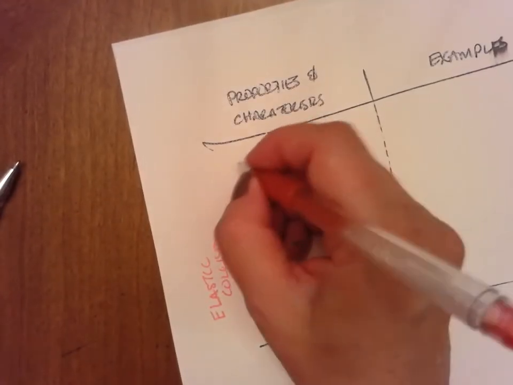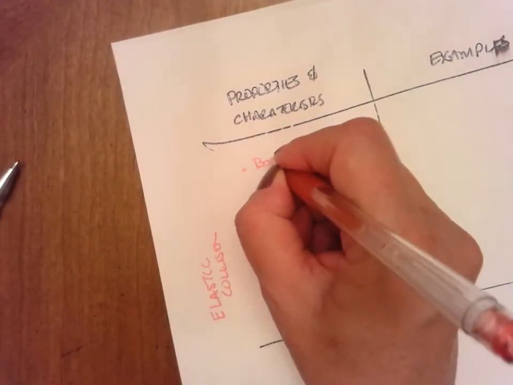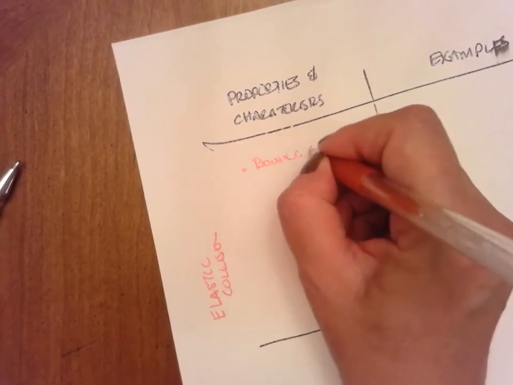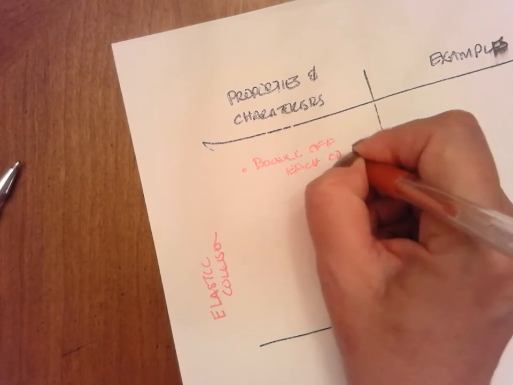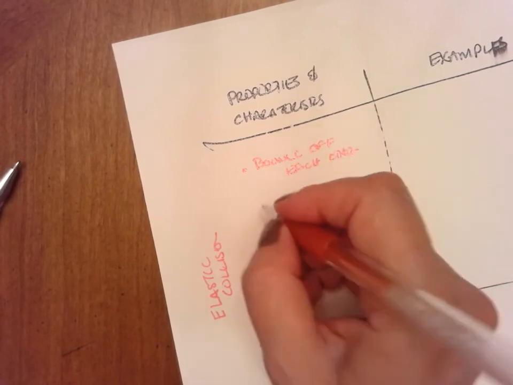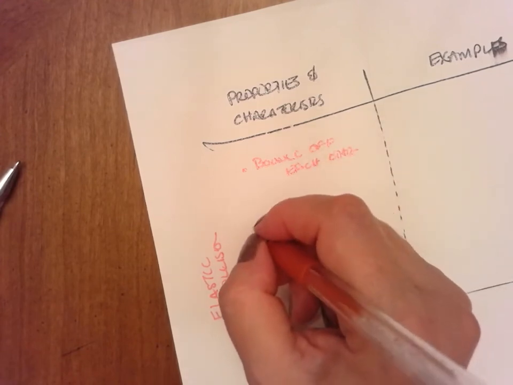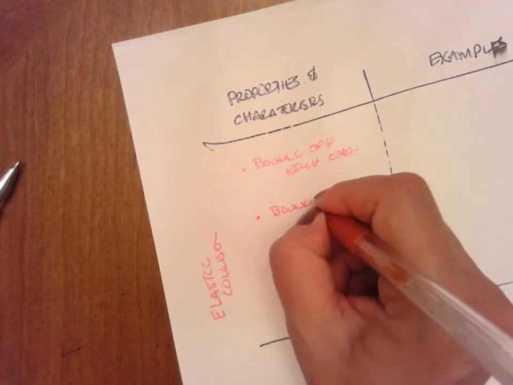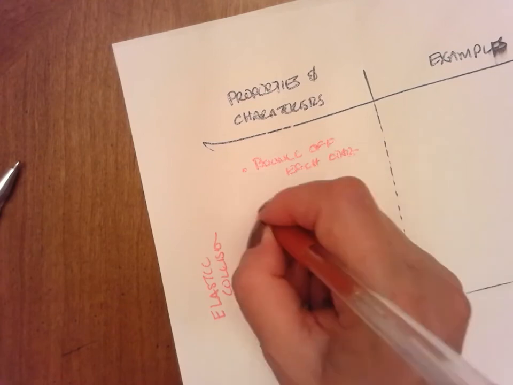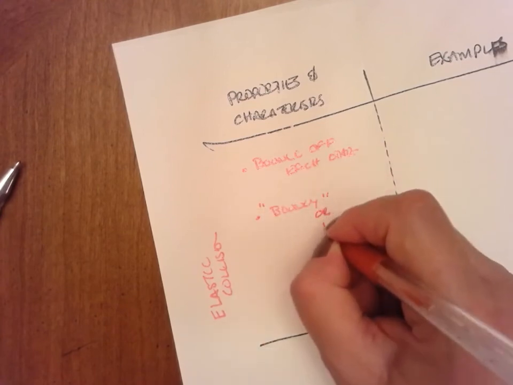In an elastic collision, the objects bounce off each other. And they're usually bouncy or hard.